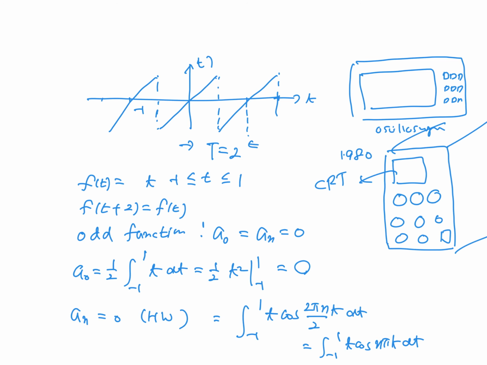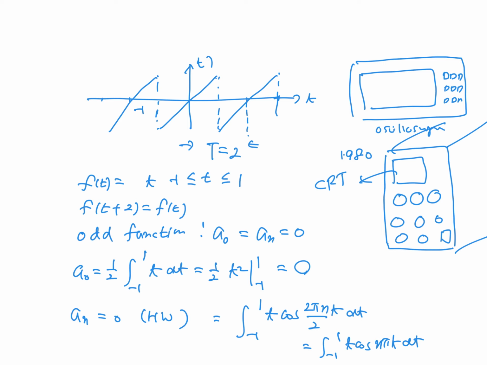Anybody remember this kind of integral? In high school textbooks you have to integrate by parts twice. It's a nightmare problem. I'm going to show you a simple way of doing that. But this is just homework.